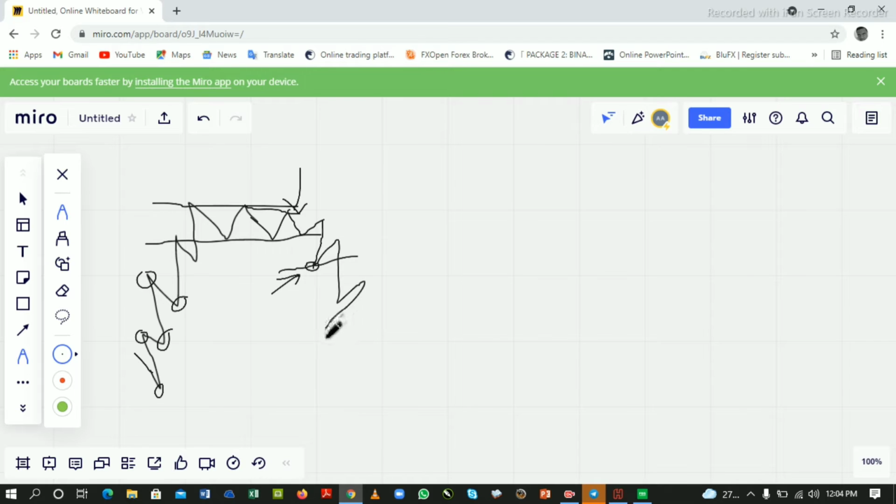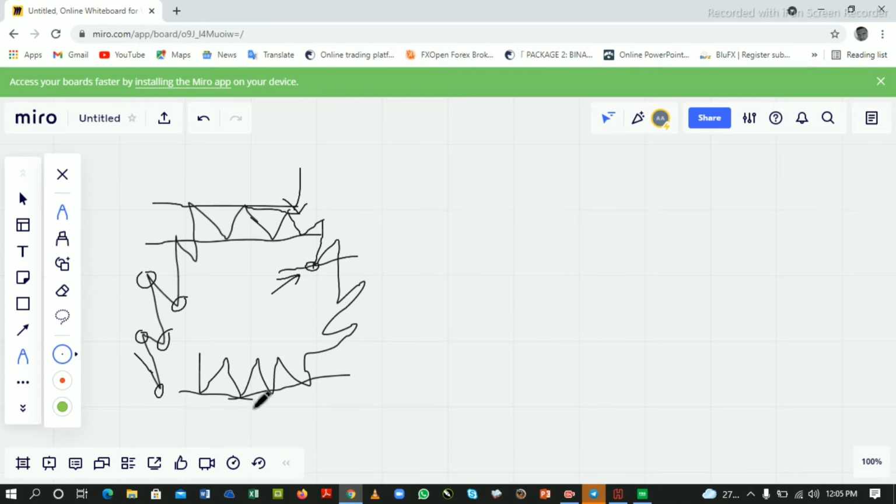Okay? Forgive my drawing. Now when you see the market refusing to form a lower low, you take that point as your own support. Okay? You put a line here. Alright? You see it start going up, changing market structure, forming a higher low. Okay?